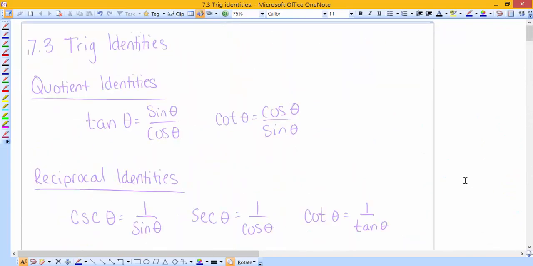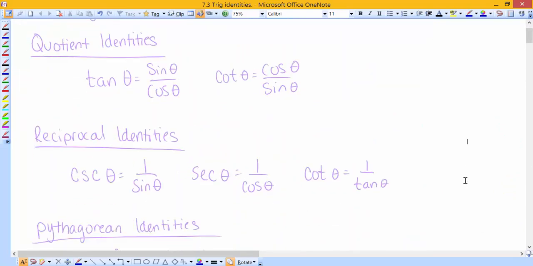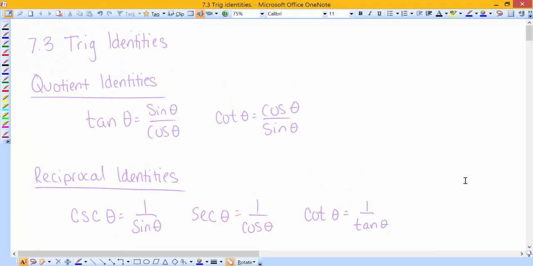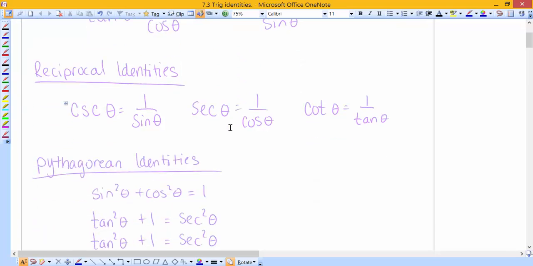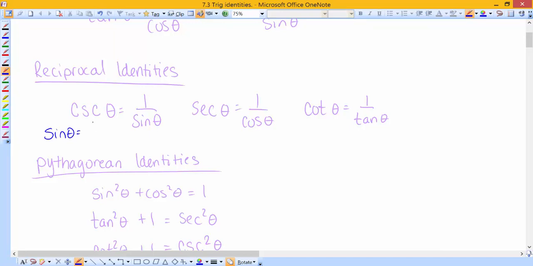Okay, so in chapter 6, we went over the quotient identities, which is for tangent and cotangent, that they can be written with sine and cosine as fractions. We went over the reciprocal identities, and there are actually 6 reciprocal identities. These can be rewritten as sine equals 1 over cosecant, and so on.